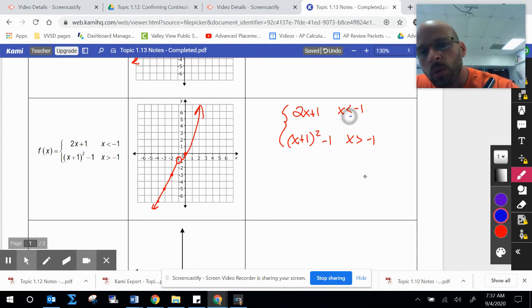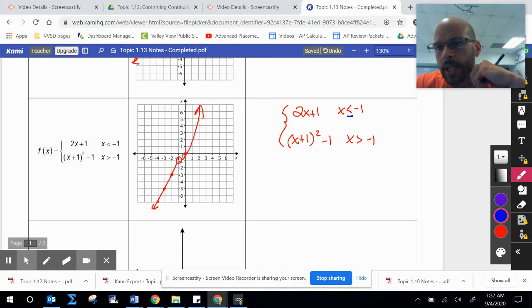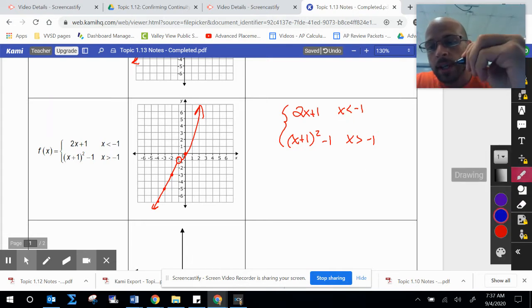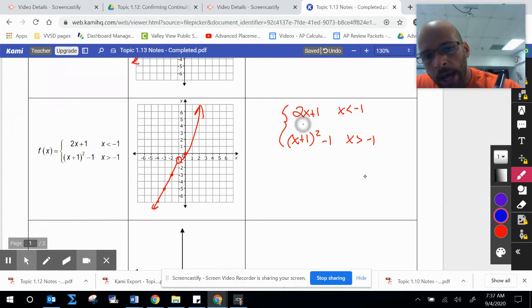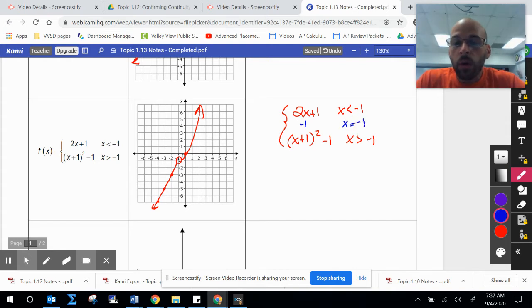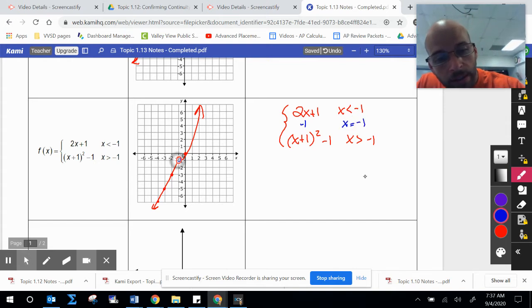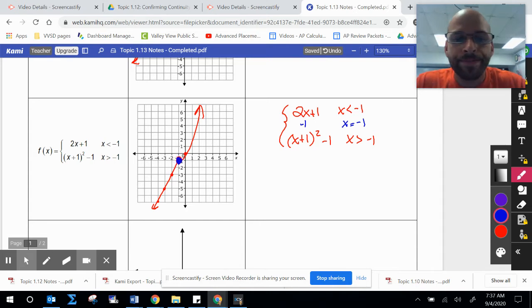You can either do it with an inequality on one of those ends, or you can just make a point on your graph. So I can say, I want to be at -1 when x equals -1. That would also fill in this coordinate of (-1, -1).